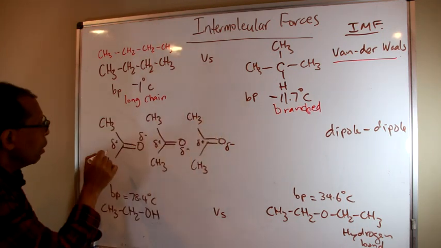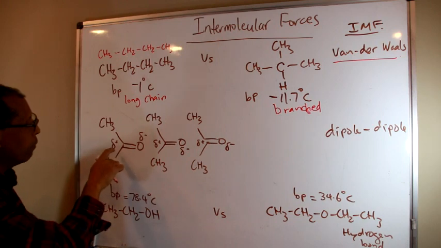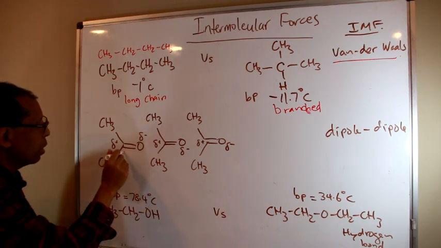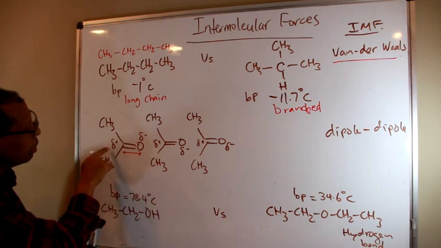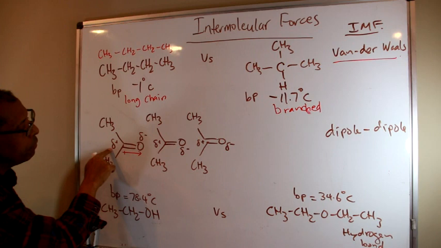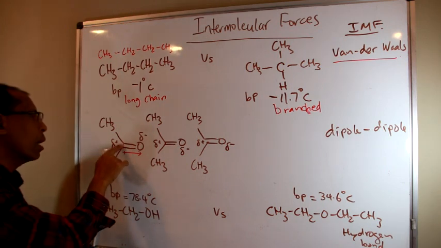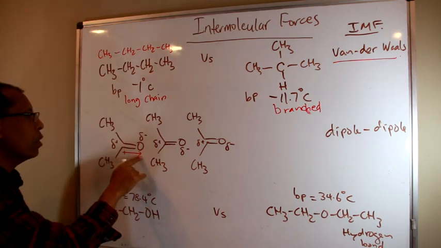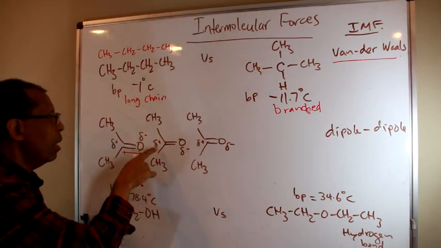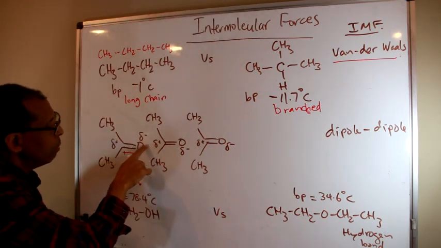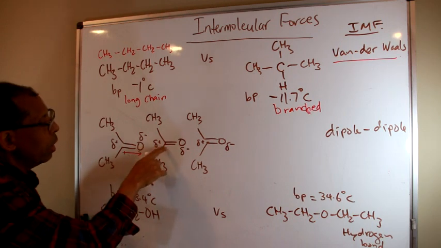Remember, we have already said that the dipole moment on this is like that, but the charge is partial positive charge on carbon, partial negative charge on oxygen. Therefore, the other molecule flips itself and aligns itself between this oxygen and the carbon.